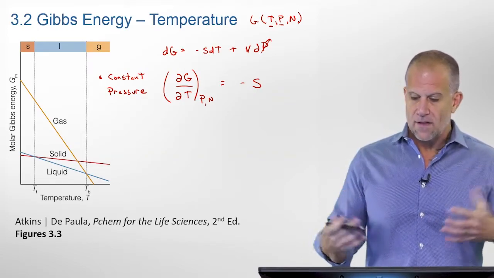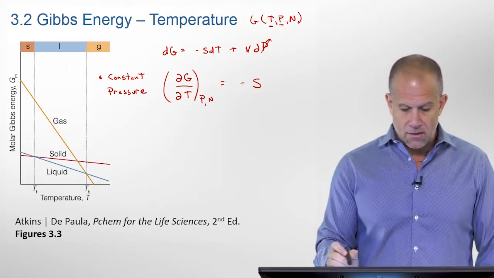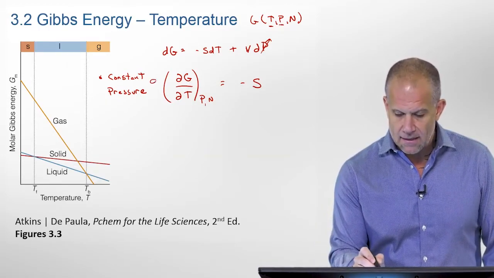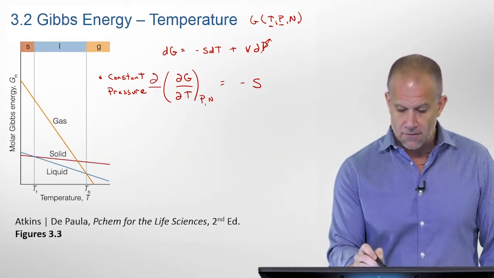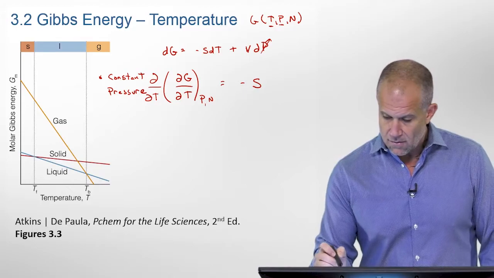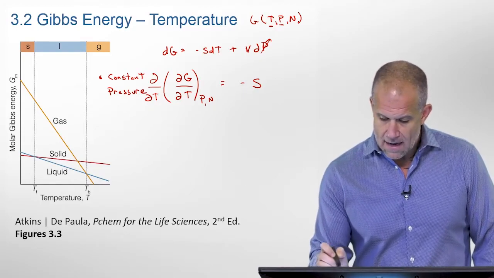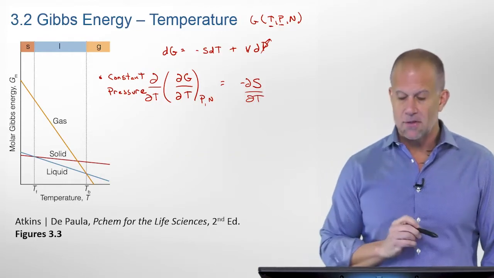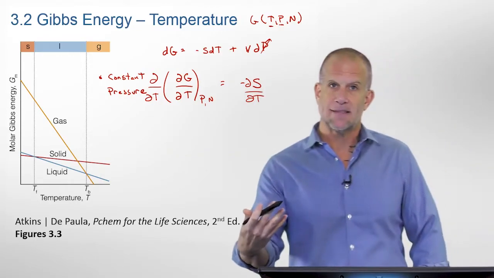So hopefully, and then again, we could look, why are these mainly straight lines? Because that would be the curvature of this, or the second order derivative. So how the entropy changes with temperature, which is related to the heat capacity.